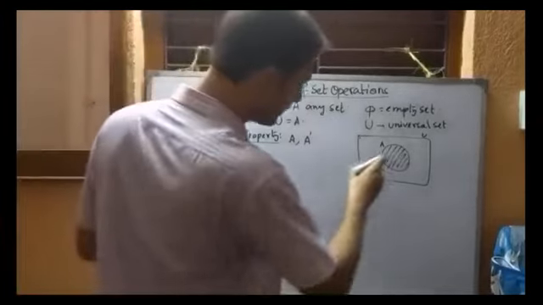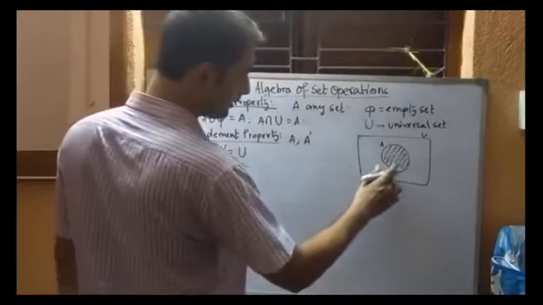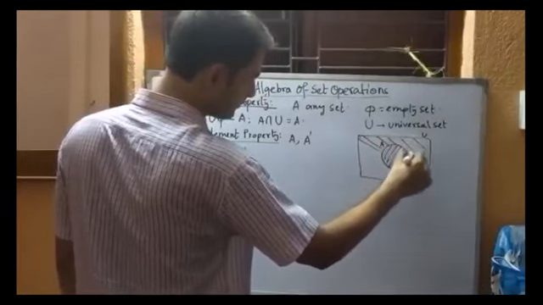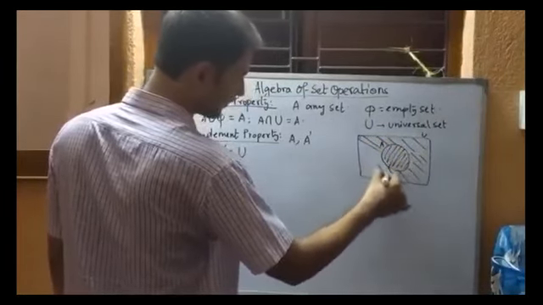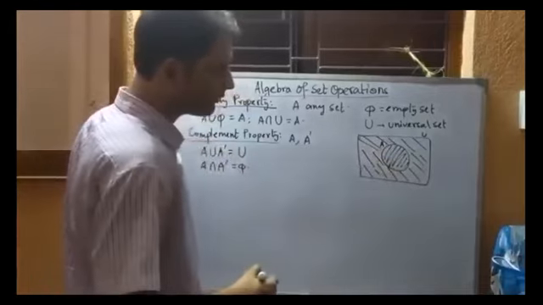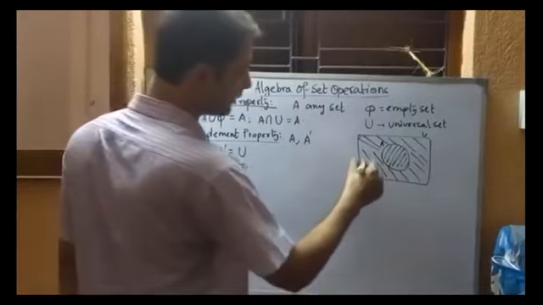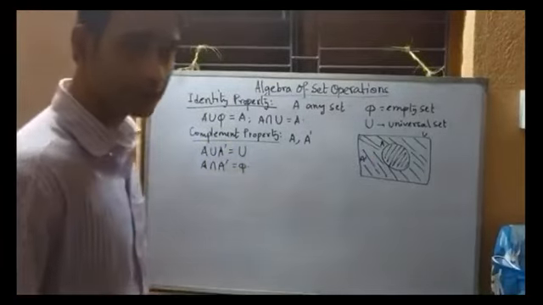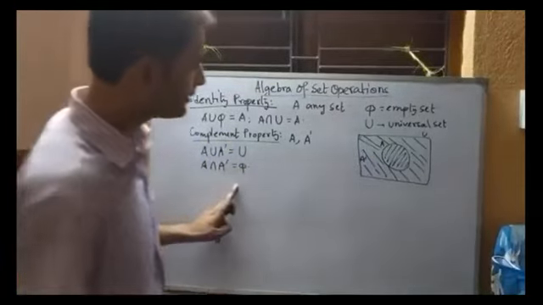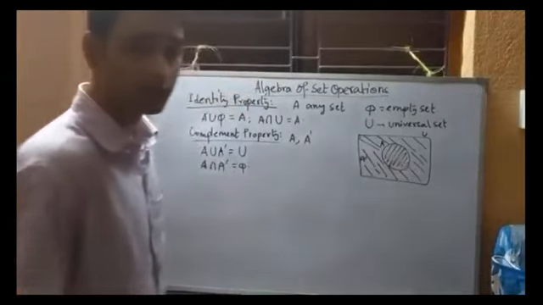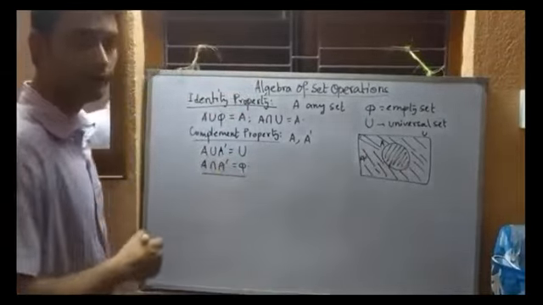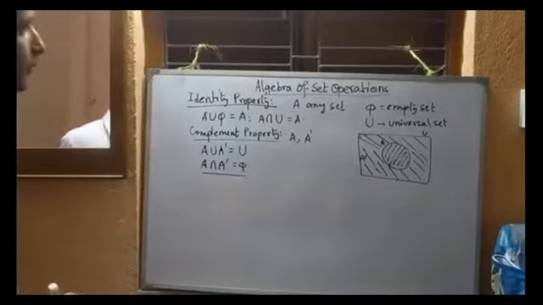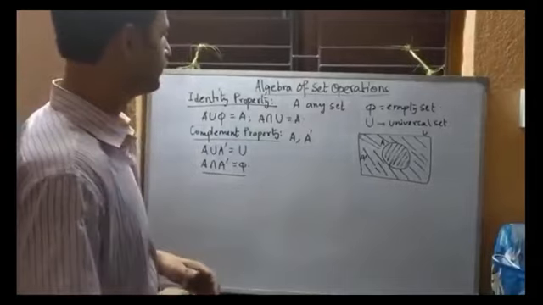So here A complement will be its outside part. This is the region for A complement. Now if you take the union of these two, this will give the whole universal set. And again, since these have no overlaps, the intersection will be phi. So these are some fundamental properties of algebra with set operations.